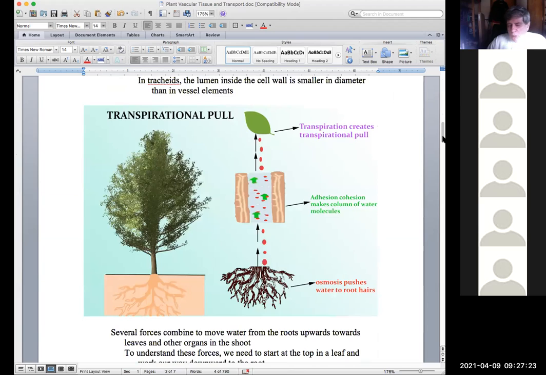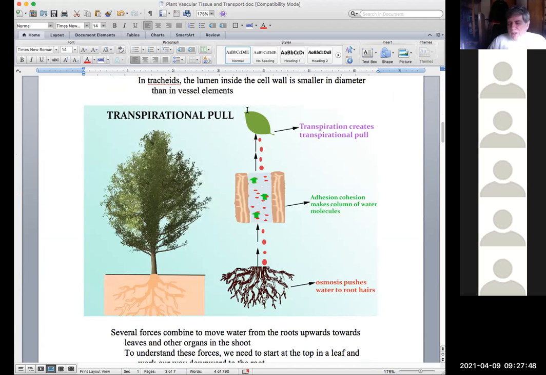One of the key factors in moving material up the stem of a tree is something called transpiration. Now, there are several processes involved. Transpiration is what causes water in a leaf to evaporate.